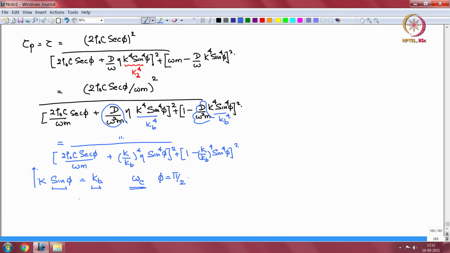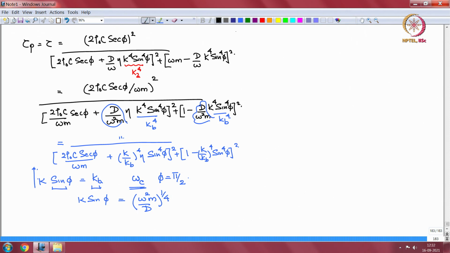So if we look at this equation, k sine phi is equal to omega square m by d whole to the power 1 by 4, right?